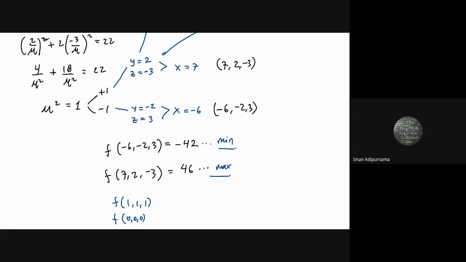So from the Lagrange multipliers, after you get the relations between the two gradient vectors, with lambda and mu, you will get the points, and you check the points, you will get directly the extreme values.